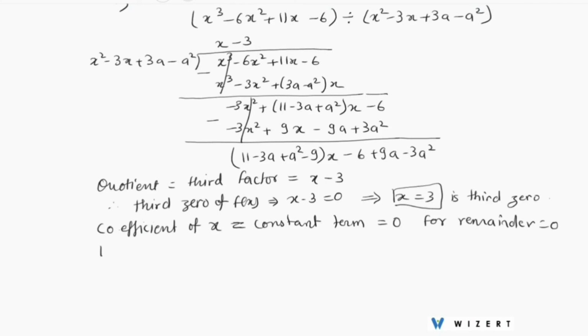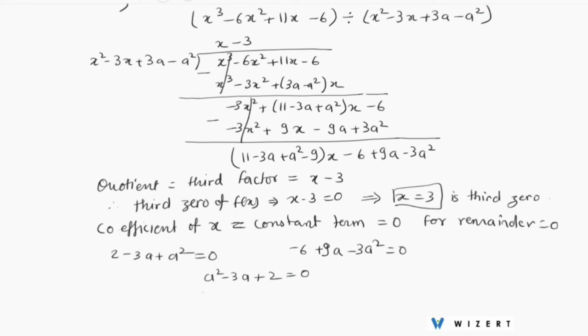So 11 minus 9 is 2. So we'll do this: 2 minus 3a plus a square equal to 0. Also minus 6 plus 9a minus 3a square equal to 0. But both of these equations give rise to a square minus 3a plus 2 equal to 0.